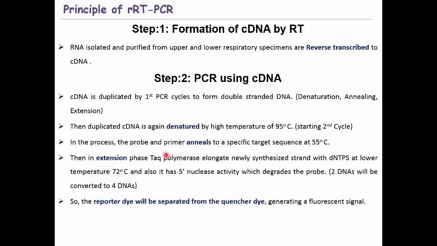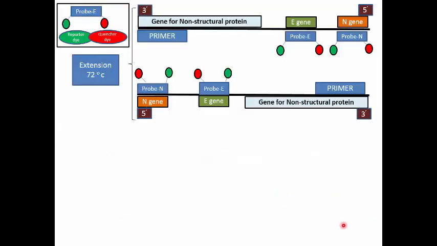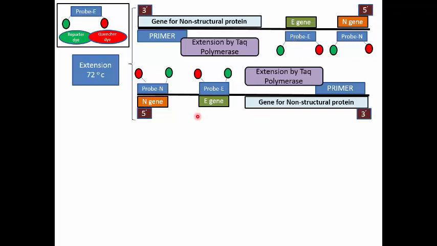When Taq polymerase releases the probe from the gene, the reporter dye will be separated from the quencher dye, and now the reporter dye will be able to produce a fluorescent signal. Just revising this portion: this is one strand of the cDNA, this is the second strand, this is the annealing of primer and probe with the fluorescent dye, and the next is extension by the Taq polymerase.